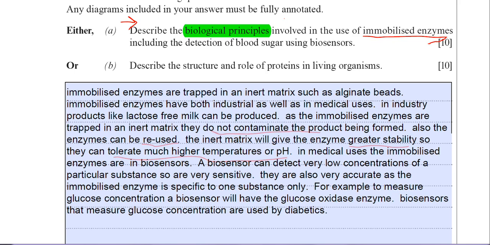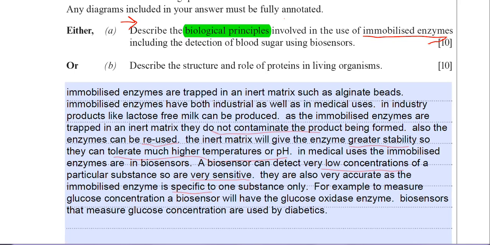In medical uses then, I've said that we use the biosensors. Okay, I've then started to talk about the properties of the biosensor. So I've said that they are very sensitive in that they can detect low concentrations of a particular substance. All right, I've said that they are very accurate and they are specific.